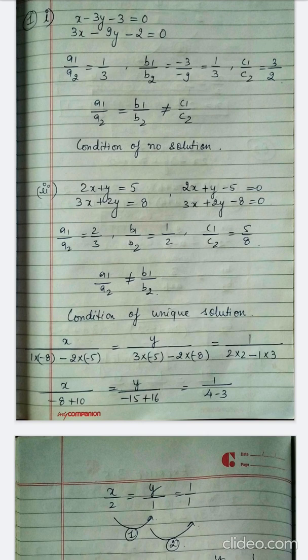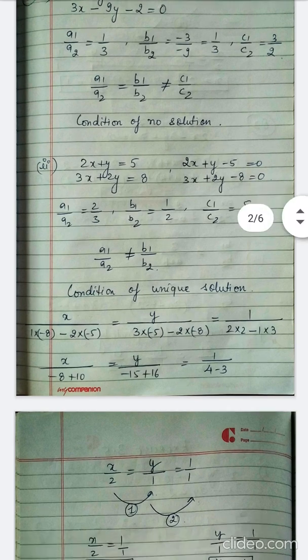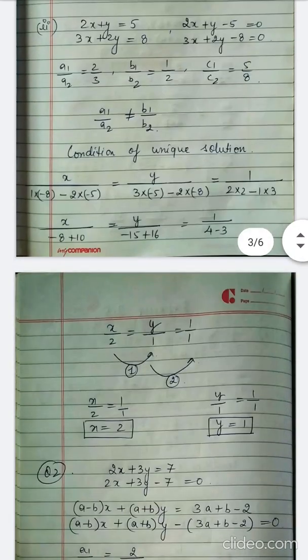We can solve it and get the values. x by 2 = y by 1 = 1 by 1. First we compare x by 2 with 1 by 1, so we have x = 2. And further we compare y by 1 with 1 by 1, so we have the value of y = 1.